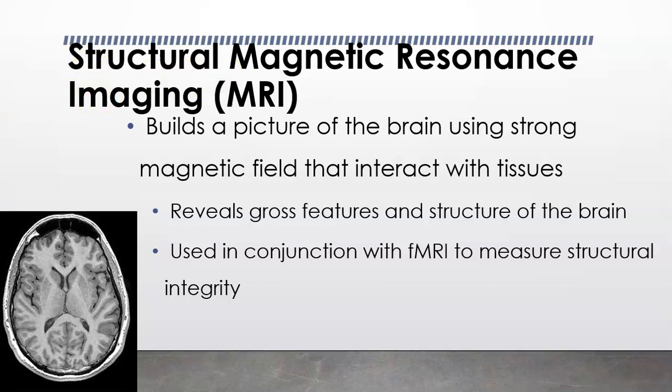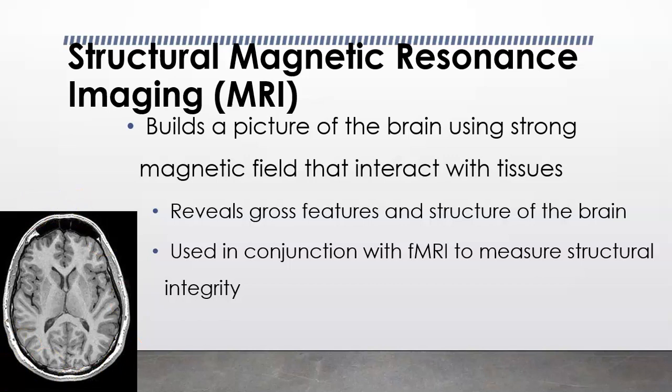If you look at this image here, you see it's a lot more detailed than the CT scan. But otherwise, it kind of does the same thing. It still looks at the brain structure. Now, it does take a lot longer to get this image in the MRI than it does in a CT scan, but that's because it is getting more details and more information.